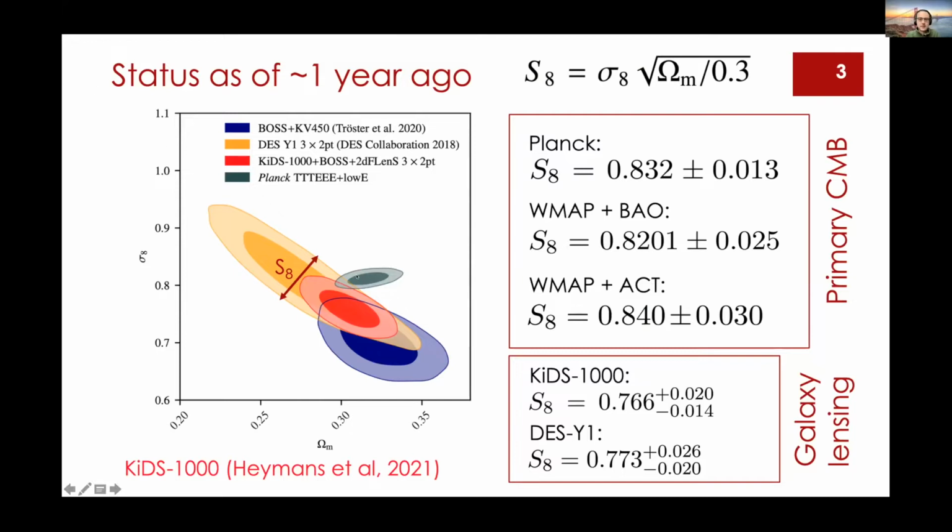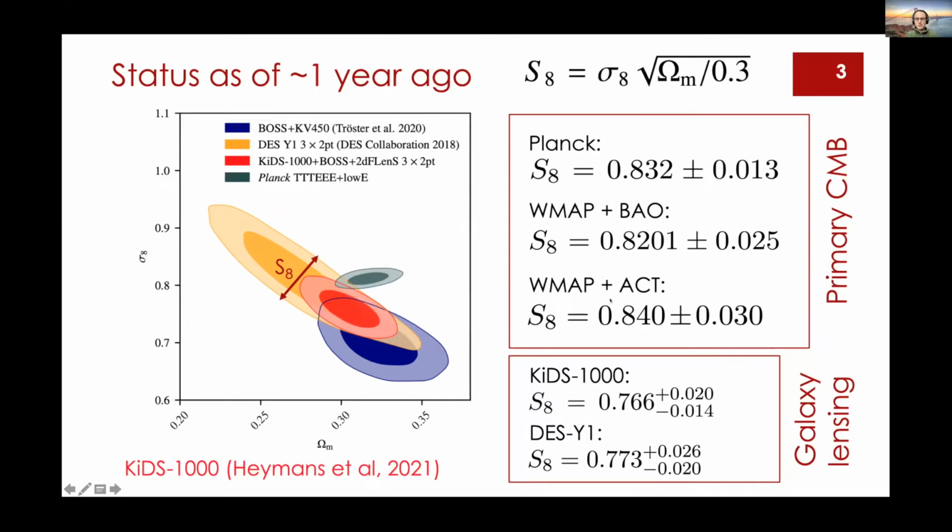While there's a large degeneracy between sigma 8 and omega matter, this S8 parameter is very consistent between these different experiments, and it's consistently low, about 3 sigma low from the Planck results, which are shown here in gray. Here on the right, I just show the CMB results from Planck. For this, S8 is 0.83, but that's not restricted to Planck. If you take WMAP and add the BAO, for example, you get this same number.